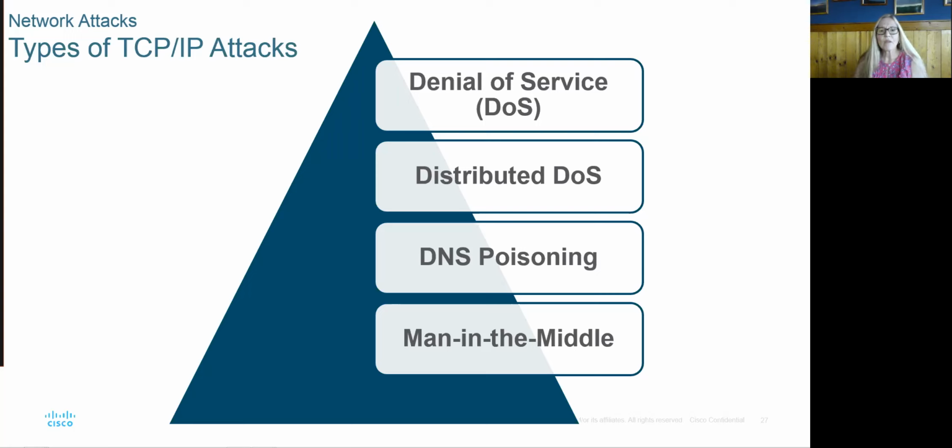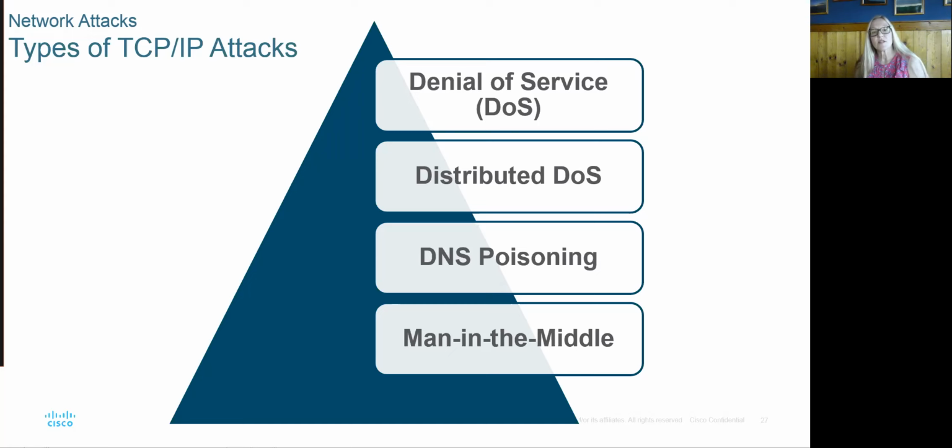Then we have DNS poisoning. So we all rely on DNS, and we know that that's a hierarchical server. Well, if the top level DNS registrars get exploited, then that gets pushed all the way down the line.